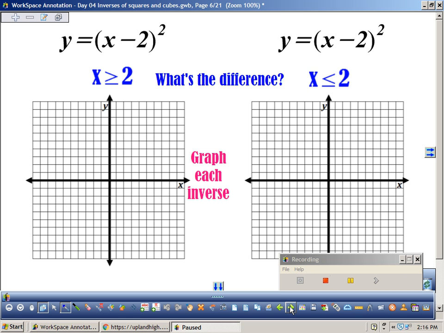Okay, I've got 2 different graphs I'm going to graph for you here. So this one is a parent graph of x squared, which looks like this, only it's shifted to the right 2.